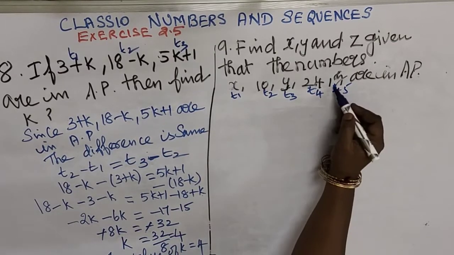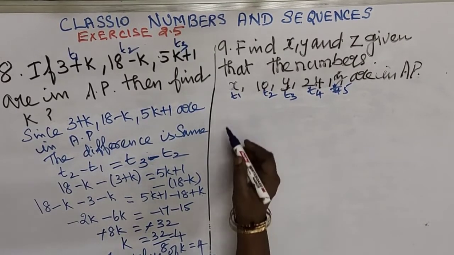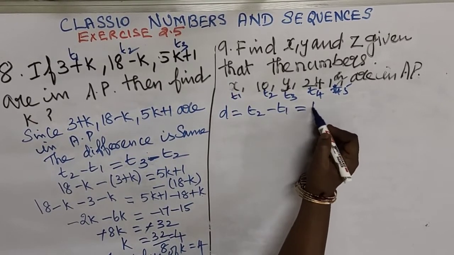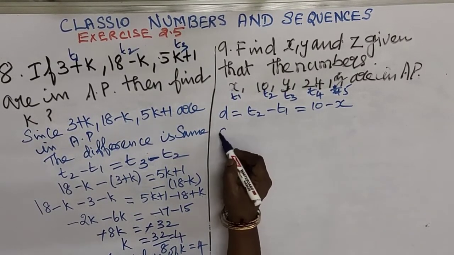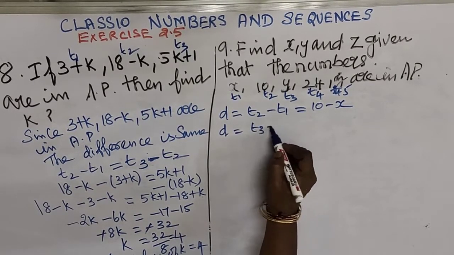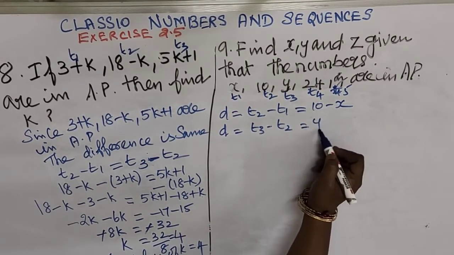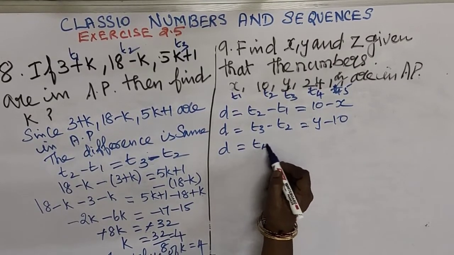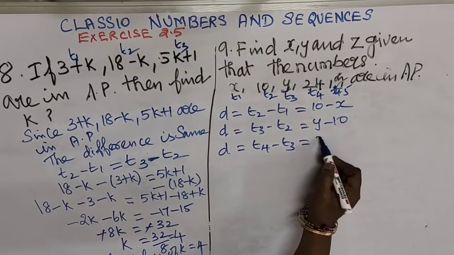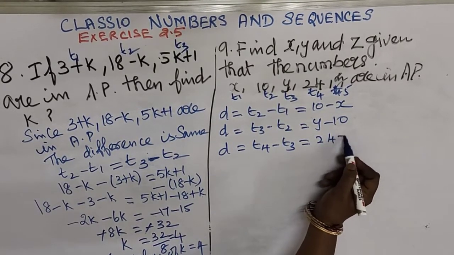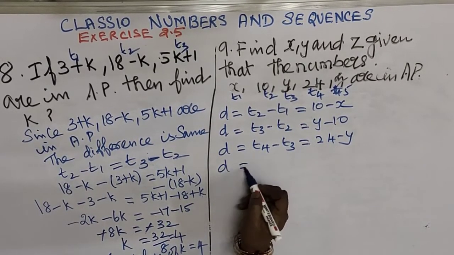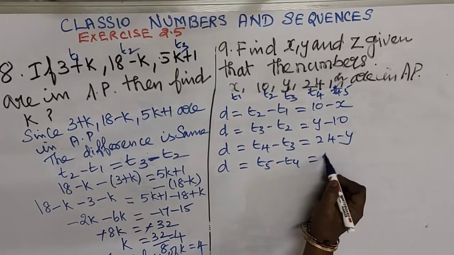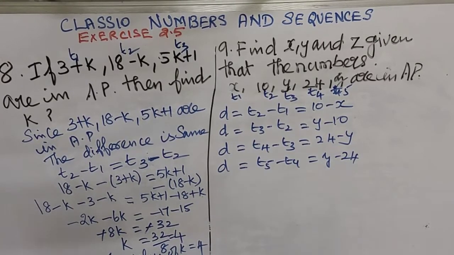Now the differences: T2 minus T1 is 10 minus x. Next, T3 minus T2 is y minus 10. T4 minus T3 is 24 minus y. Next, T5 minus T4 is z minus 24.